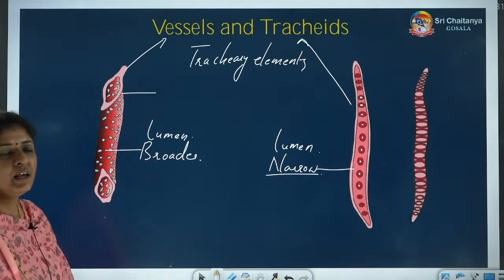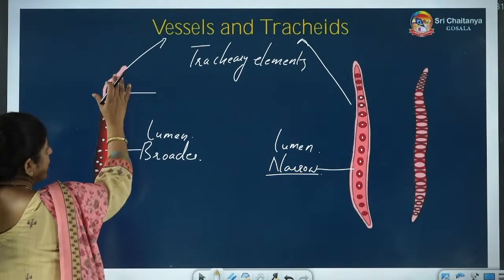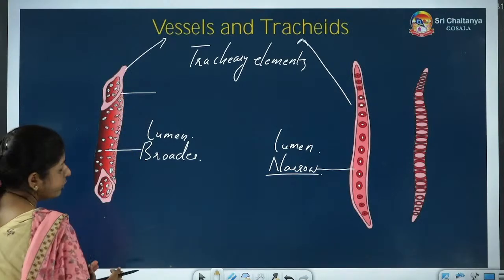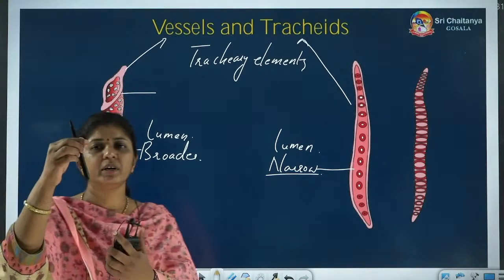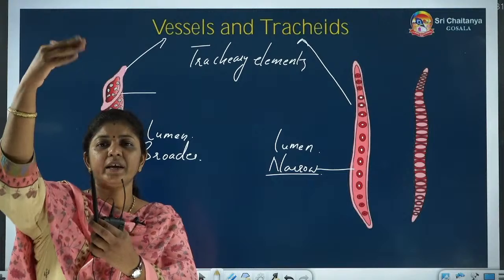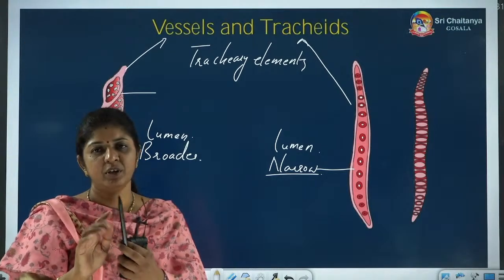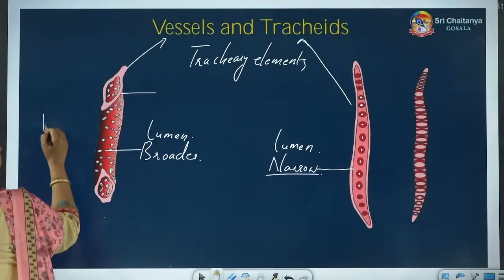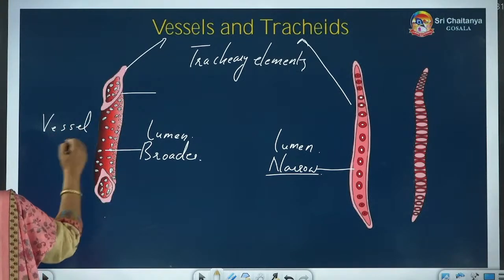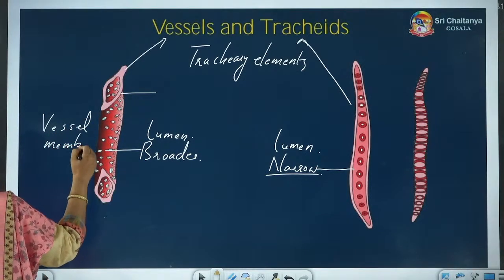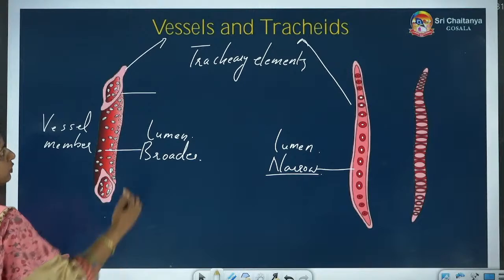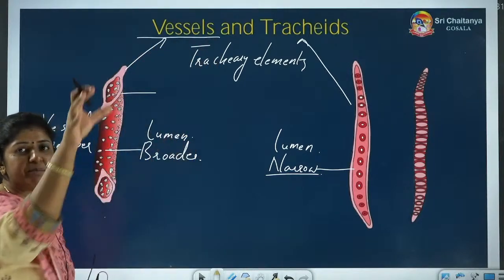Are you getting that? So they are like bundles or pipes, like one pipe linked to the next. One member is on the next, then the next. They make a complete pipe. So this is one vessel member, which is stacking upon each other to make a vessel, a pipe.